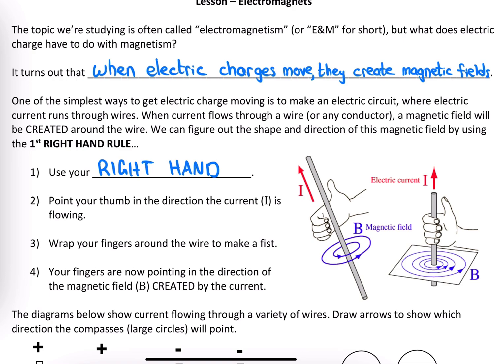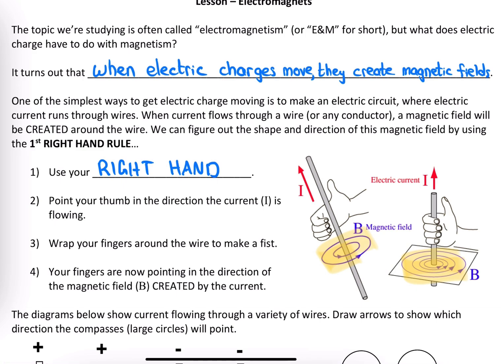So you can see, in this case, the fingers are sort of wrapping around the back of the wire and then coming to the front and then going around the front of the wire. Well, that's exactly what the magnetic field is going to look like. The magnetic field is going to look like loops drawn down here and down here.